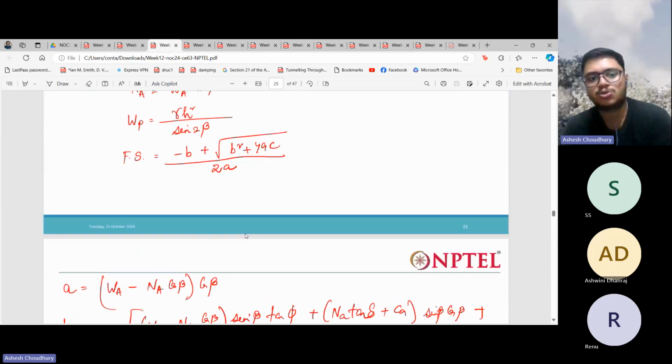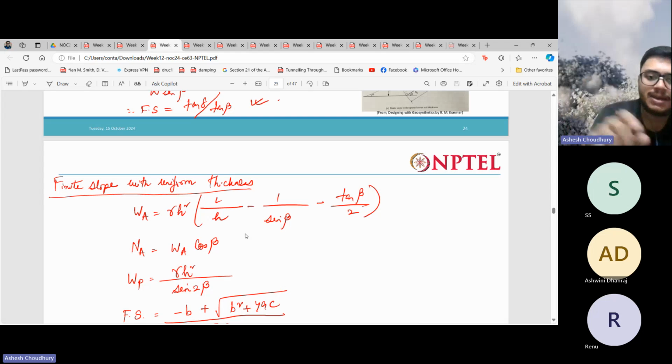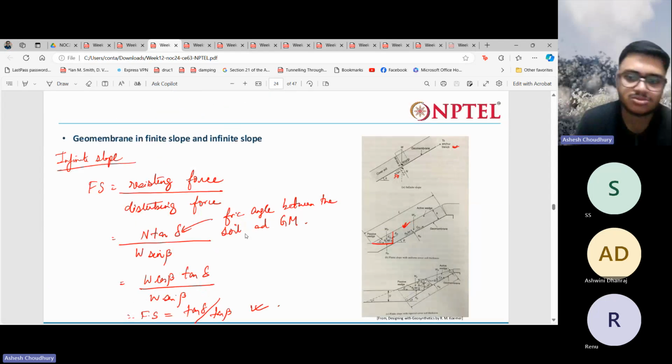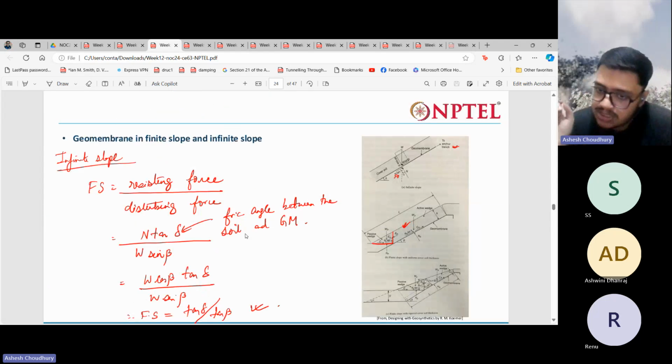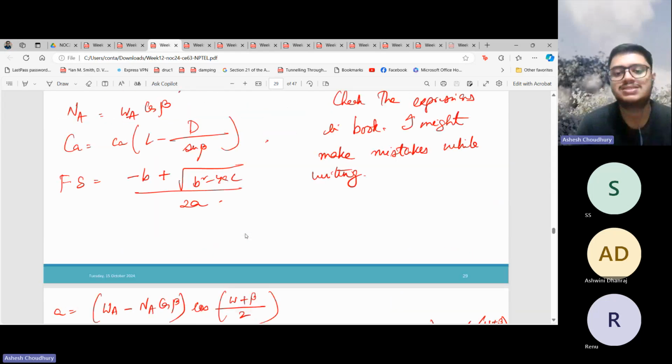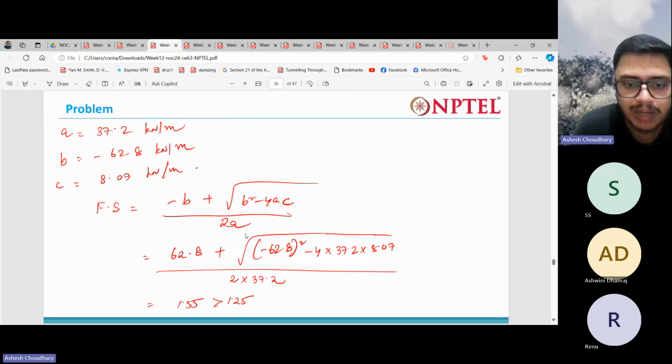These expressions are quite extensive, so I might have made mistakes while writing. There is no guarantee. So please refer to the book while studying, and that will be much better.